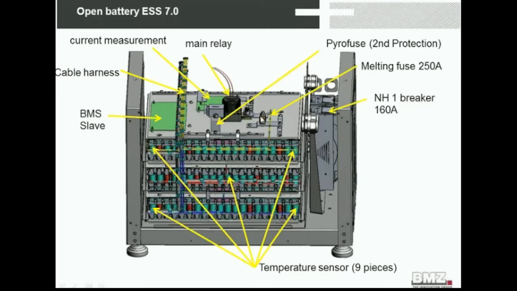A melting fuse, and the NH1 breaker with, again, fuses for outside. We do have integrated 12 temperature sensors. I know I wrote only 9, because those 9 are the ones whose information can be read out by the microcontroller.